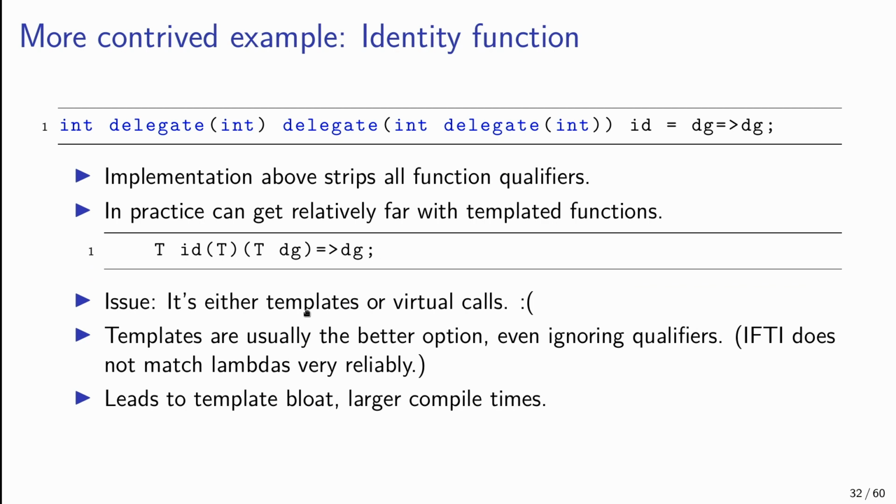In practice, you usually decide for templates, and then you hamstring yourself because you won't have virtual calls in your program. And one reason for this is that D does not infer lambdas very reliably, and that's maybe also something you could address. In total, this leads to template bloat and somewhat larger compile times if you want to support all of the attribute combinations.